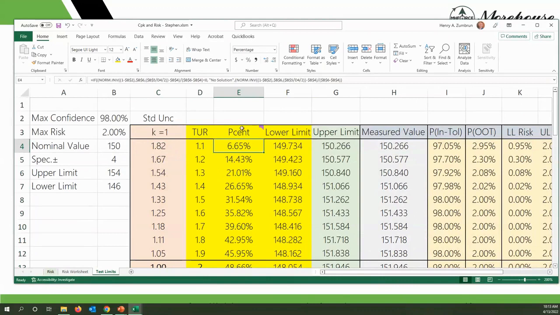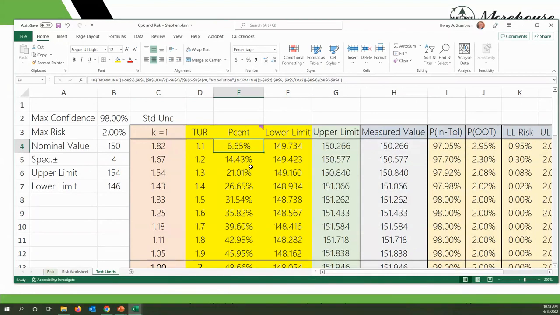And this is from my good friend Greg Senker at NDSoft. Give a shout out to him. This is the percent of spec max you can test to while still being below 2% PFA. What this table is really saying is if I have a 1-to-1 TUR, I have the smallest bit of range determined as far as that location of the measurement.